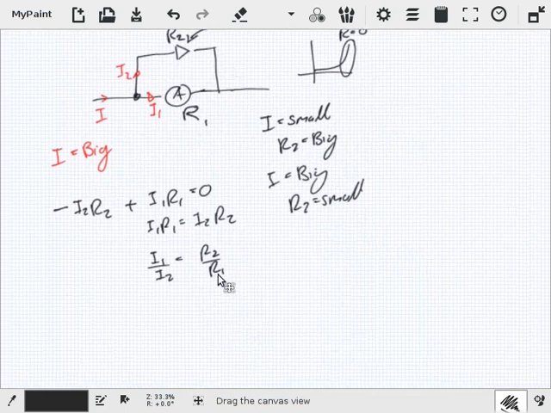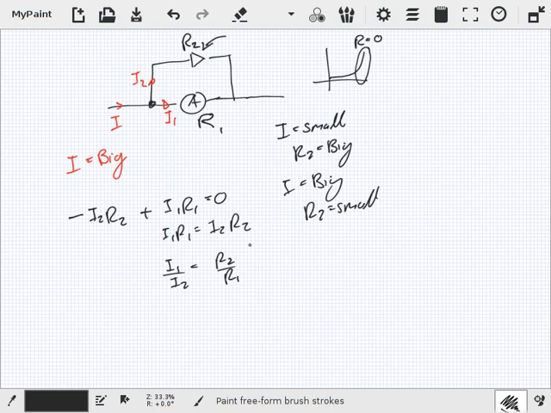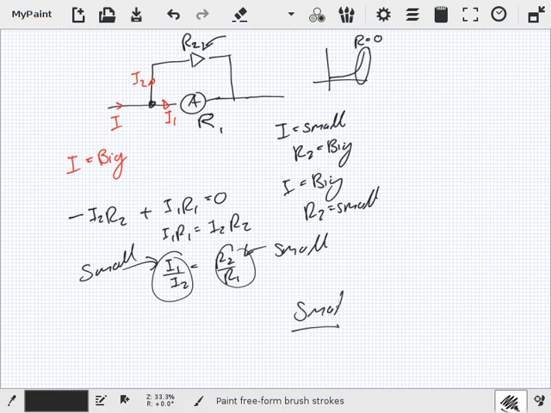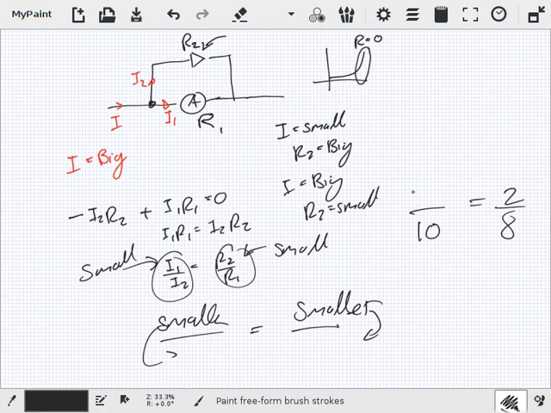So why does that matter? Well, if R2 is small compared to R1, then I1 has to be small as well. If you have a fraction where the top is smaller than the bottom, and you have another fraction that's equal to it, then likewise the top has to be smaller than the bottom. You couldn't have something like 2 over 8 equals something over 10 where that number is bigger than 10.